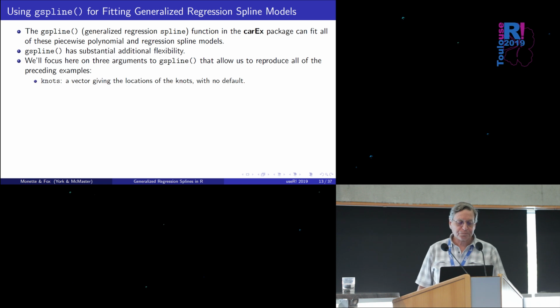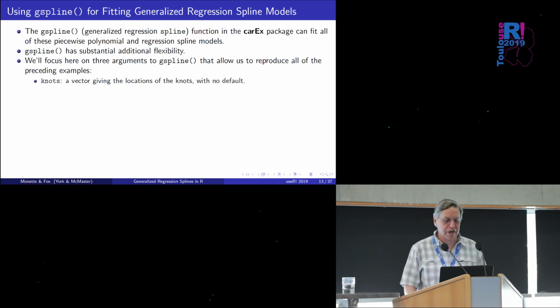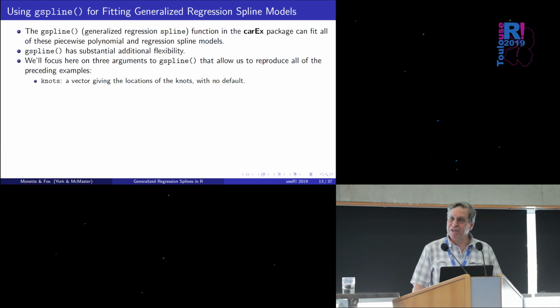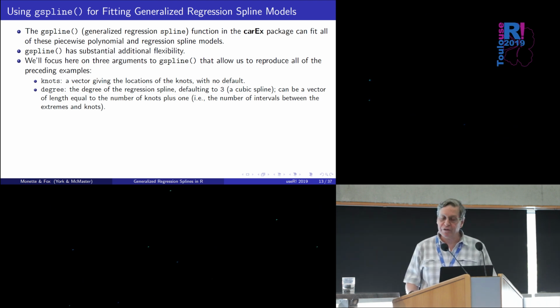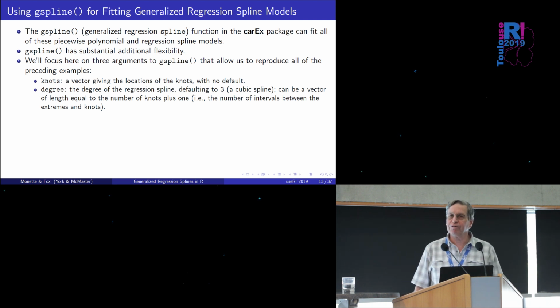Okay, so there are several arguments to gspline. The first argument is required, which is the knots argument, specifying the location of the knots. There's a degree argument, which either could be the degree overall or the degree within each interval.